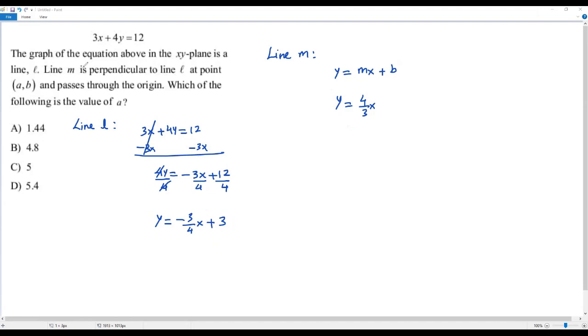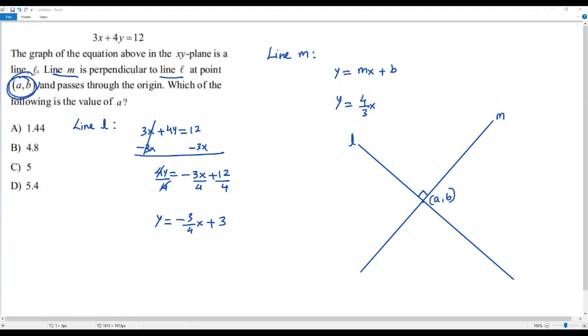Now let's consider this particular piece of information. Line M is perpendicular to line L at point (a, b). Now let me sketch the two lines over here. Here we have a line and here we have another line. This is line L and this is line M, and line M is perpendicular to line L at (a, b) according to the information.